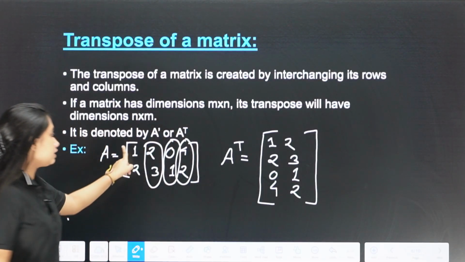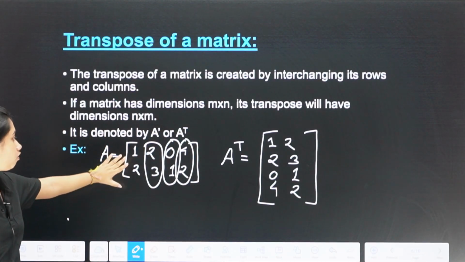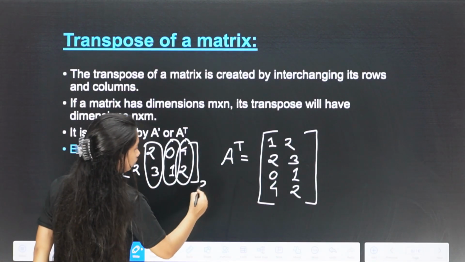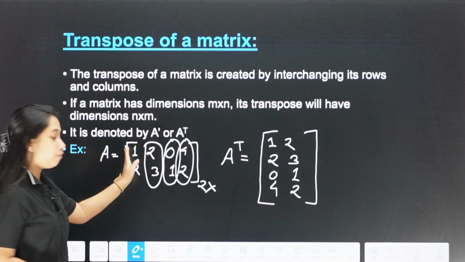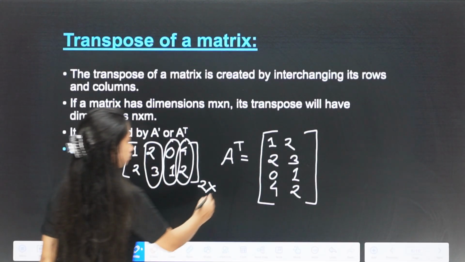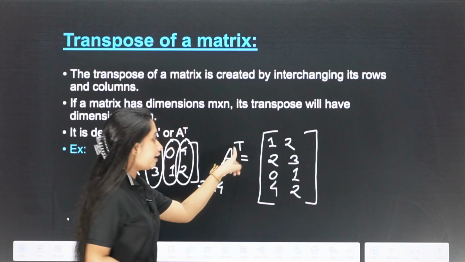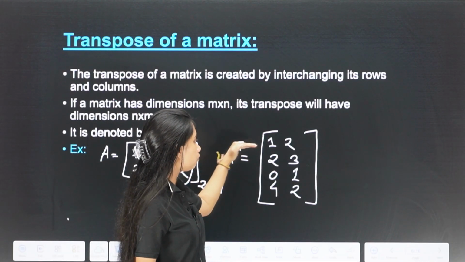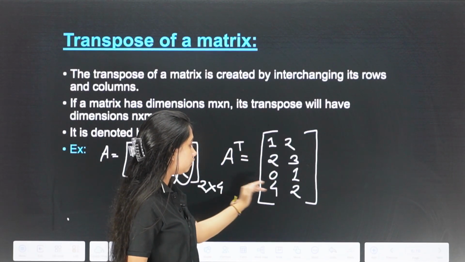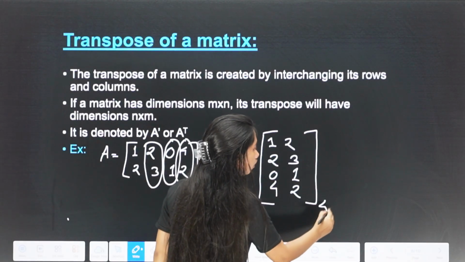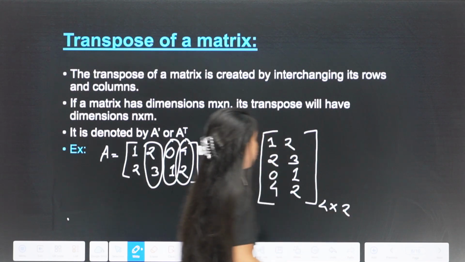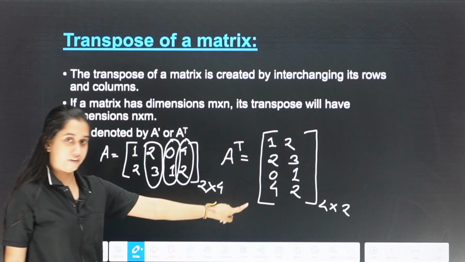What is the dimension of the matrix A? It has 2 rows and 4 columns. But in A transpose there are 4 rows and 2 columns, so the dimensions are different.